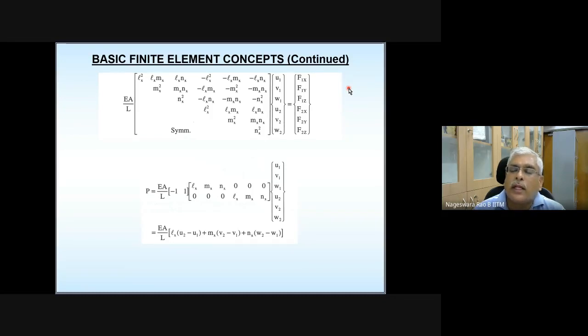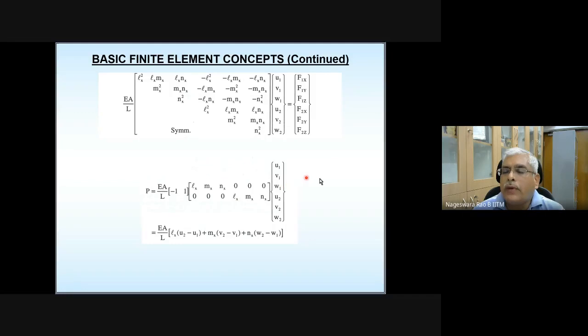The solution will be in the global coordinate system. You convert it to the local coordinate system, determine strains, stresses, and axial forces. Here the axial force equation is given directly, so you can easily cross check.